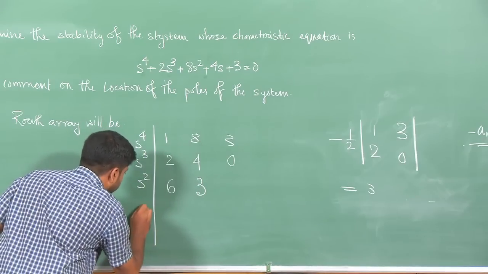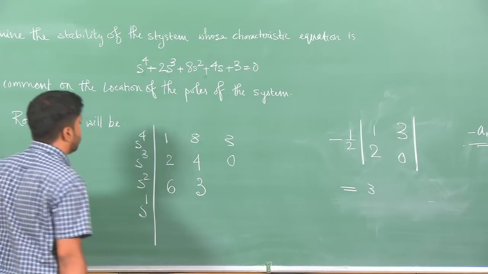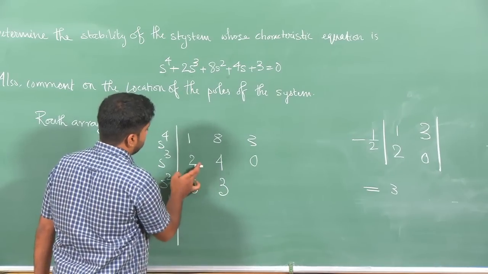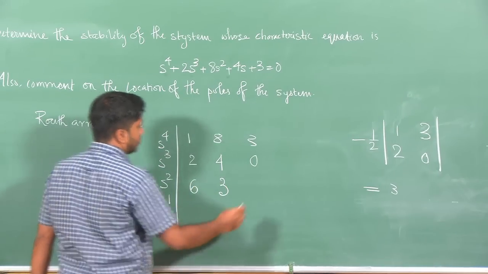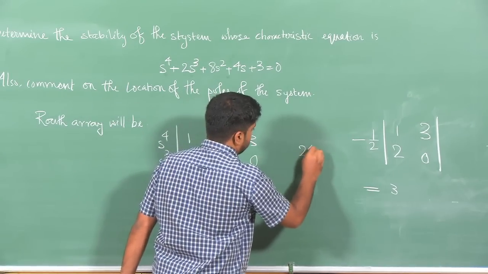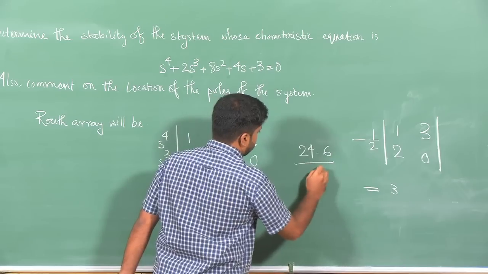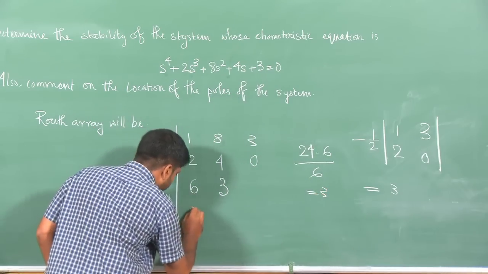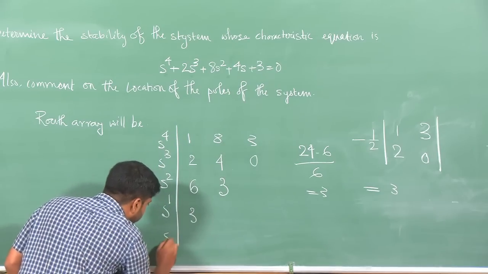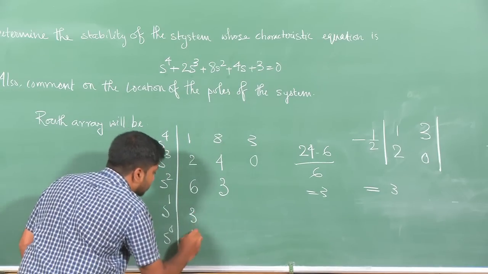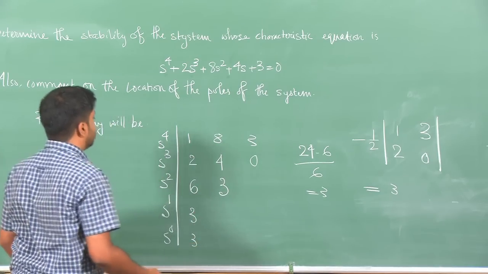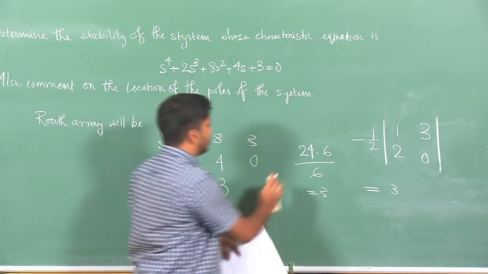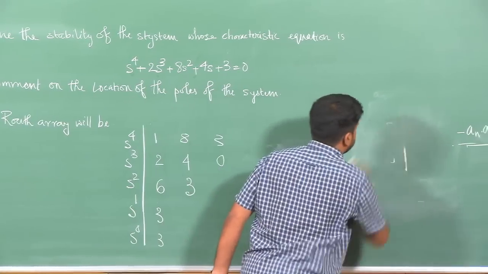Now, s to the power 1. In a similar way, 6 into 4 minus 3 into 2, and s to the power 0 will be just 3. So, we see that there is no sign change. Let us write the first column only.